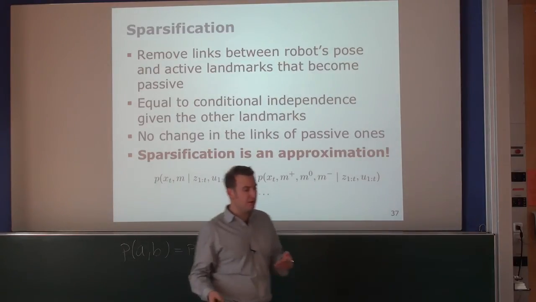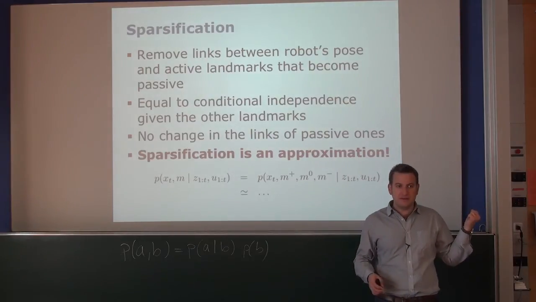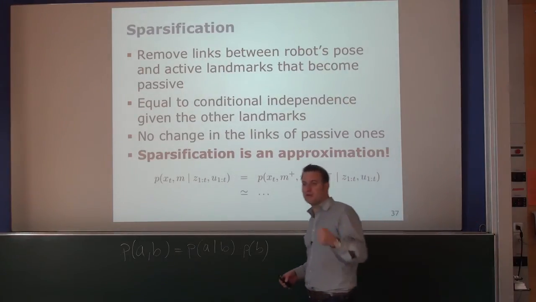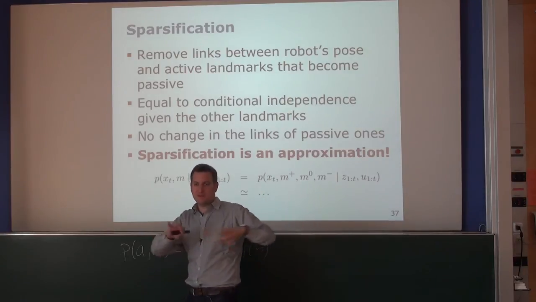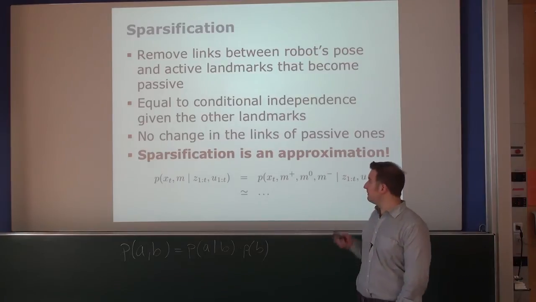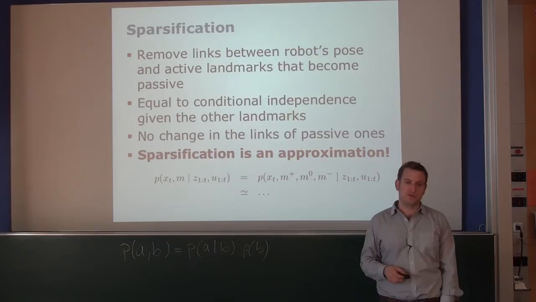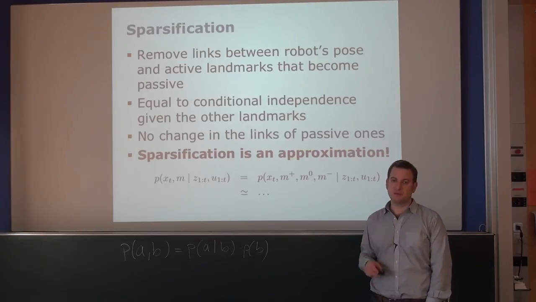So whenever one is thrown out of my list, I need to make sure that there are no direct links anymore to the robot's pose, otherwise I would get my dense matrix. And again, this is equal to assuming a conditional independence, given all other landmarks, between the robot's pose and this landmark which becomes passive.